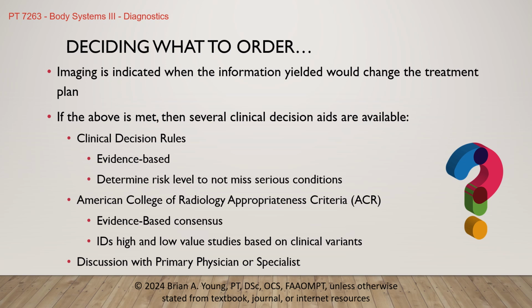And then there are times we'll have uncertainty. Discuss with the primary physician or specialist. If you're ever unsure what to order or recommend, just say, hey, advanced imaging or advanced investigation is needed. We need to look at more. I'm not sure what yet, but send that back to the specialist, or defer that decision to somebody else, versus just ordering for the sake of being able to order. We don't want to get into that business either.